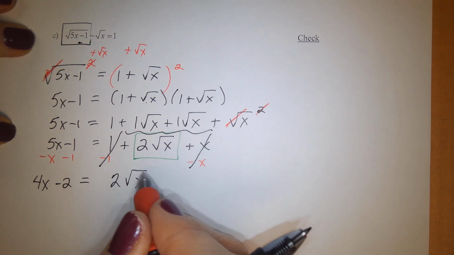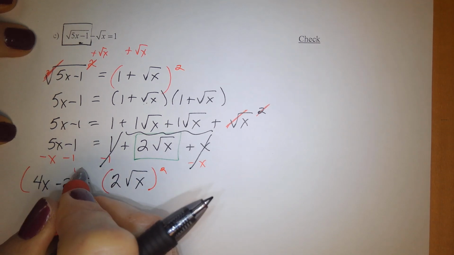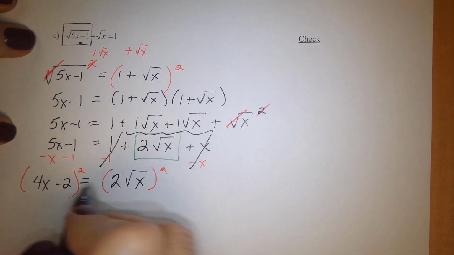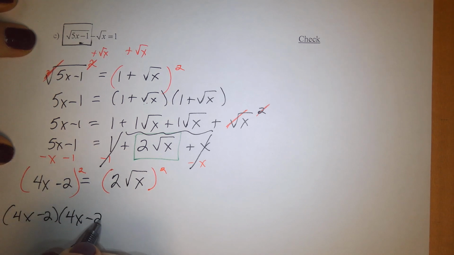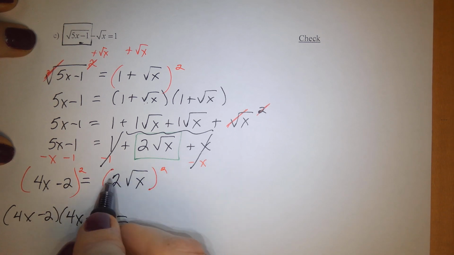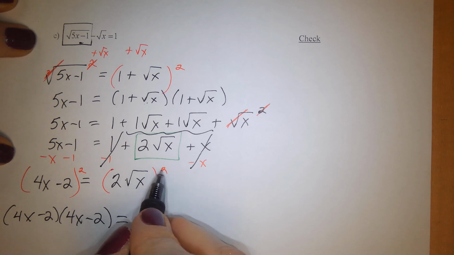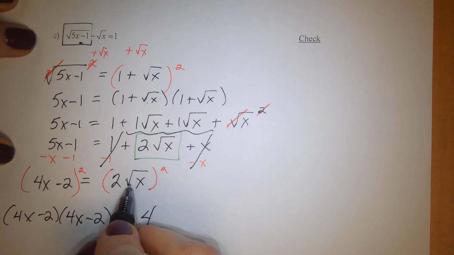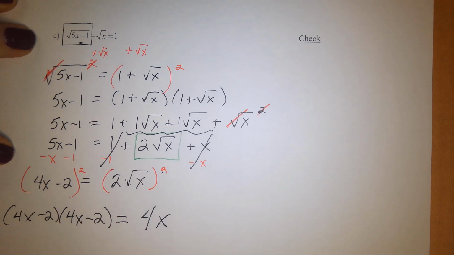So then in order to get rid of this square root, I square both sides. So this becomes a FOIL problem on the left. And on the right, I have 2 squared, square root of x squared, the square root and the square undo themselves, and you're left with x.